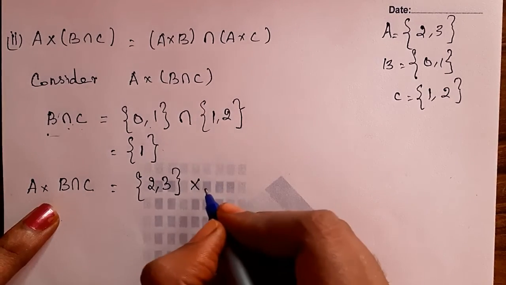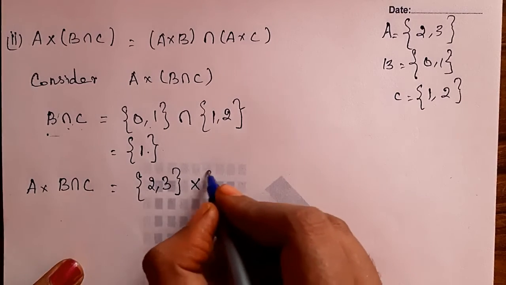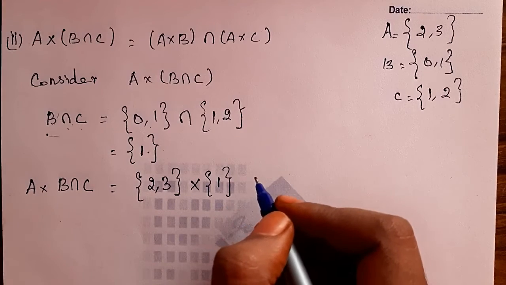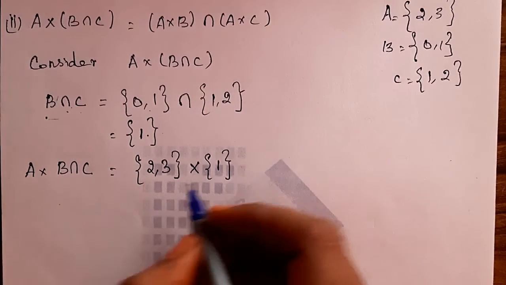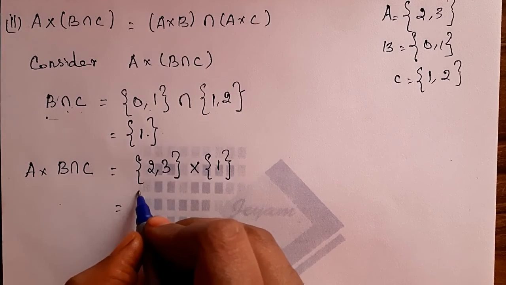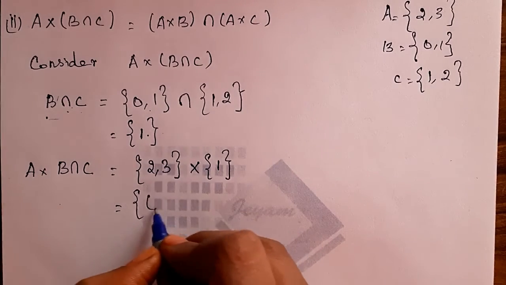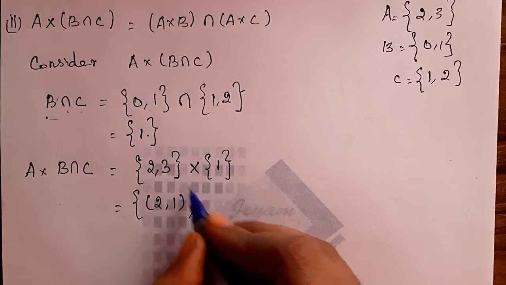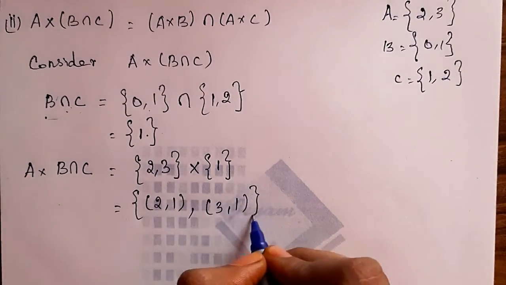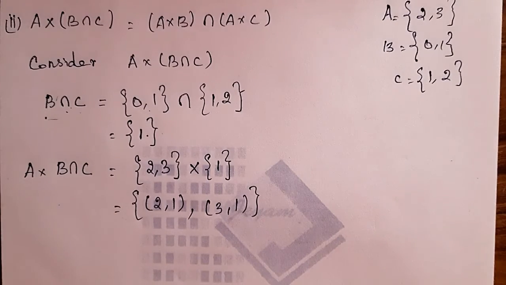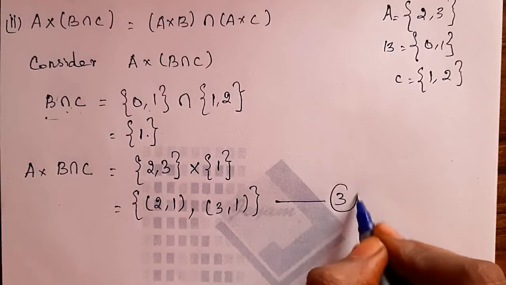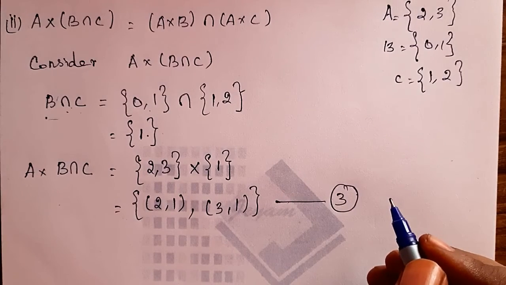Then cross, B intersection C is {1}. So we are going to do the cross product, so definitely our outcome will be ordered pairs: (2, 1), next (3, 1). So that's all. It is equation number 3.